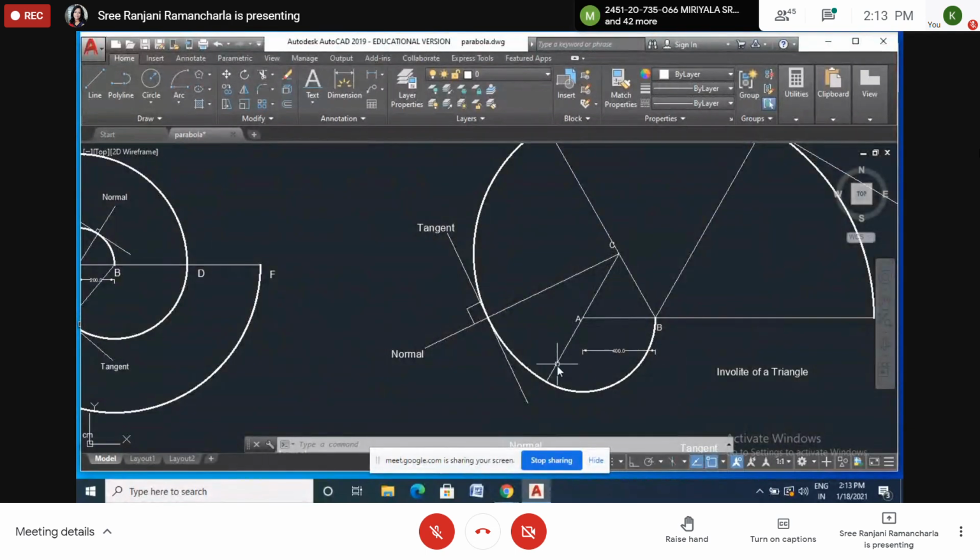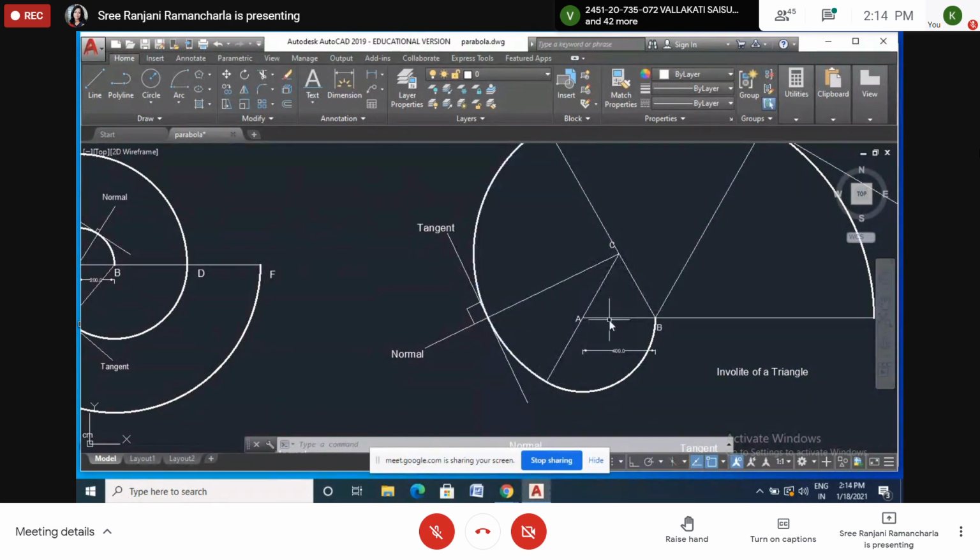How much do you have to extend? Take A as a center and AB as a radius. Then this length will be equal to the length of AB, or equal to the length of one side of the triangle. Okay. So first draw the equilateral triangle, then extend one side.